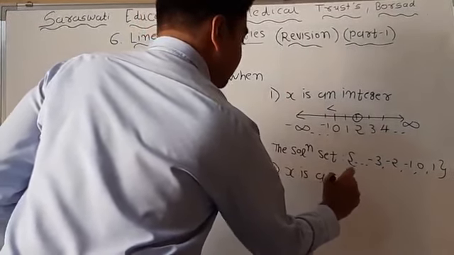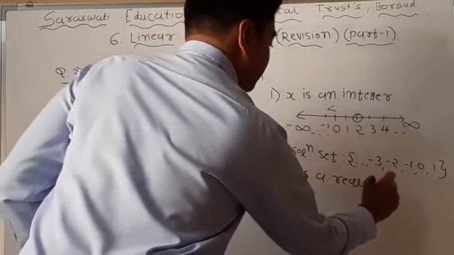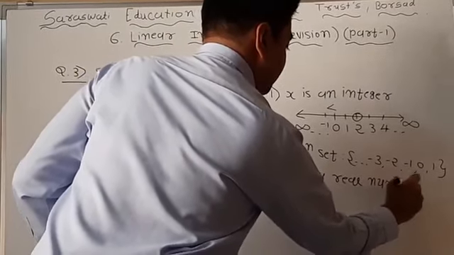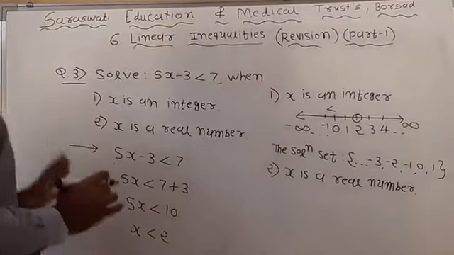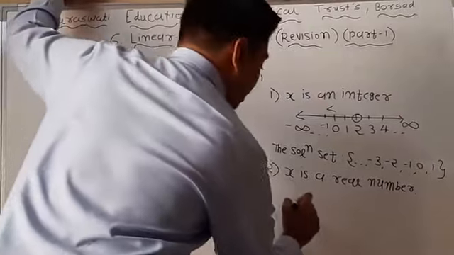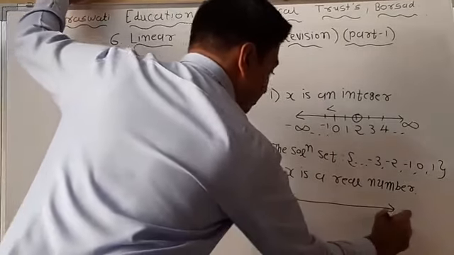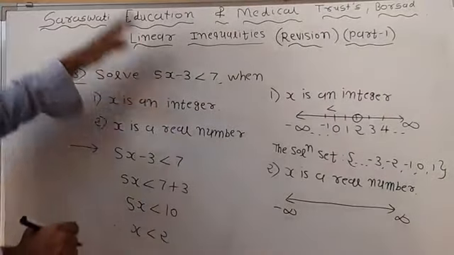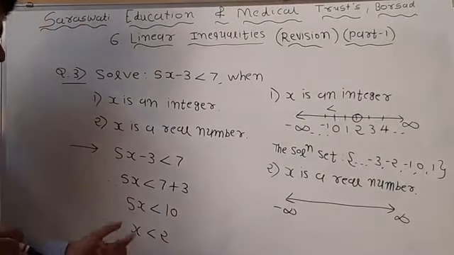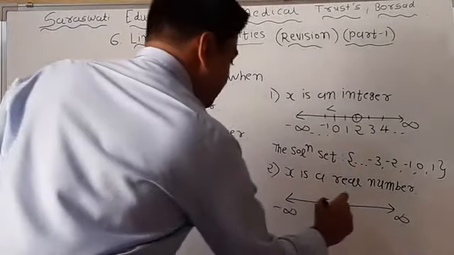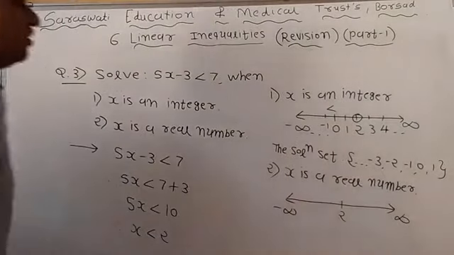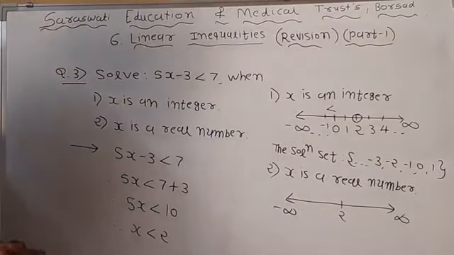Second condition, x is a real number. Again draw a number line. Here write the position of minus infinity and here infinity. Now suppose 2 is present here.